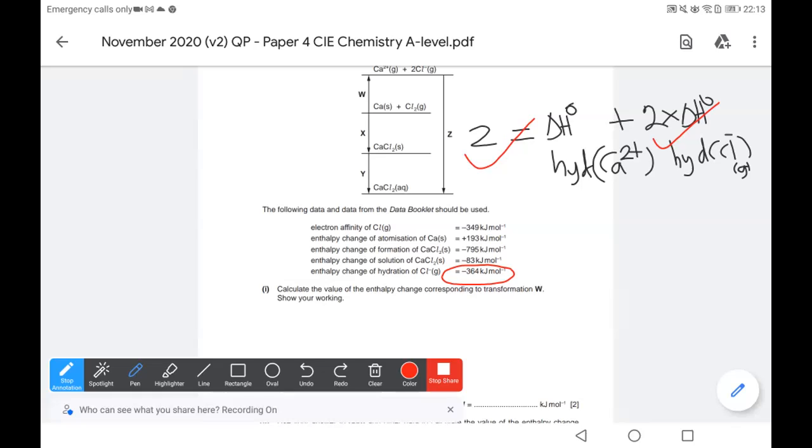It is always exothermic. If I ask an extra question, why is it always exothermic? Because the newly formed bonds are stronger than the previous bonds. Why?